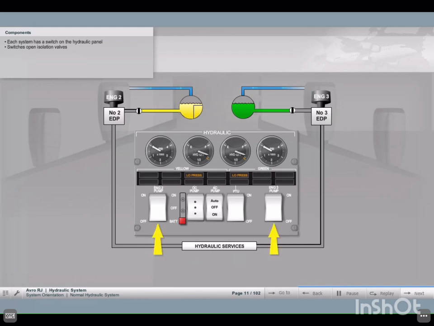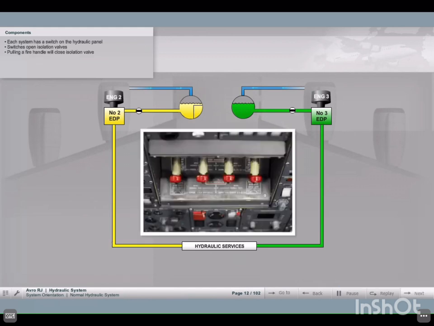Switch engine 2 and engine 3 pump on. In an emergency, pulling a fire handle will close the isolation valve.